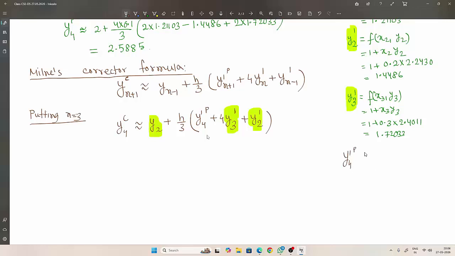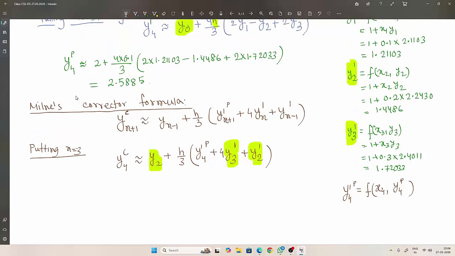y4 prime at the predicted point is the f value at the point x4, y4 predicted point, and y4p, the value you have just calculated using the prediction formula. So now we will use it to find the y4 dash prediction value, which is 1 plus x4 into y4p.